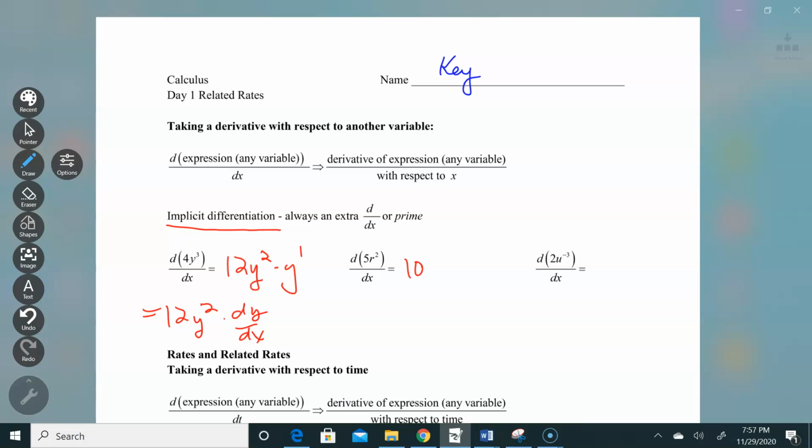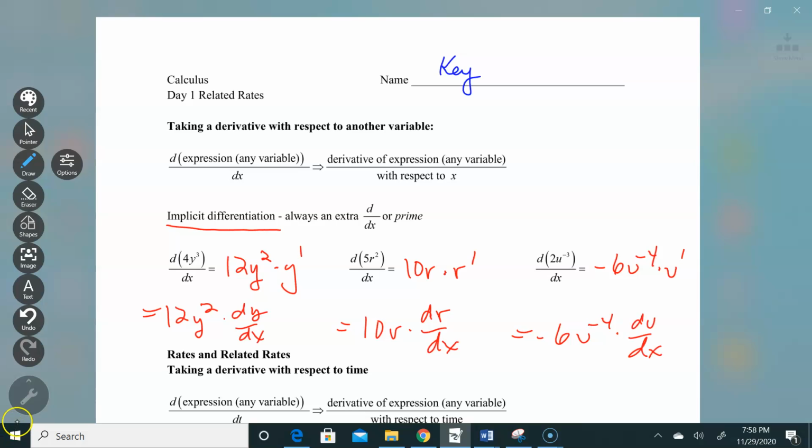This one would be 10r with an extra r prime, or 10r with an extra dr/dx. And this last one would be negative 6u to the negative 4 with an extra u prime, or negative 6u to the negative 4 with the du/dx.